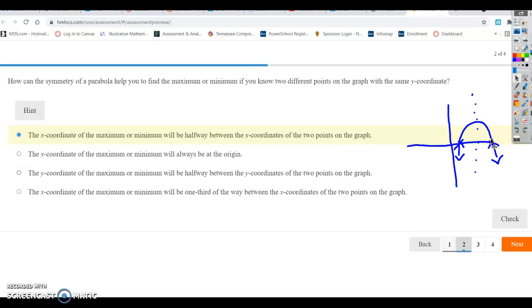The y-coordinate of the max or min will be halfway between the y-coordinates. Well, that's talking about the y-axis here, so that's not going to be true. And the x-coordinate of the max or min will be 1/3 of the way. Well, it doesn't make sense to be 1/3. It's always going to be halfway if it's symmetric. So the first answer should be the correct answer.